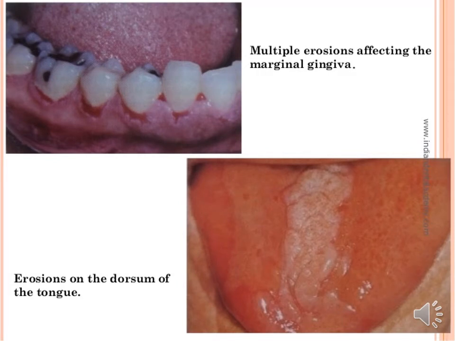This figure shows multiple erosions affecting the marginal gingiva in pemphigus vulgaris. Erosion of the dorsal surface of the tongue can be erosive like in pemphigus vulgaris.